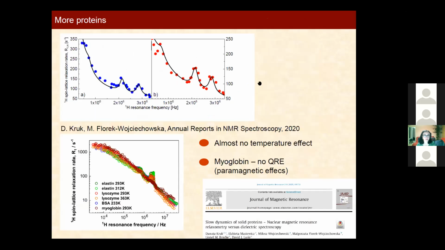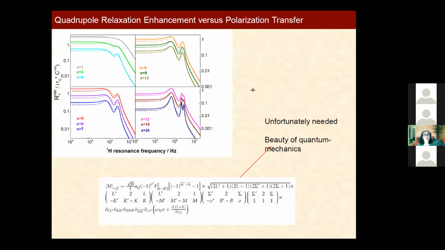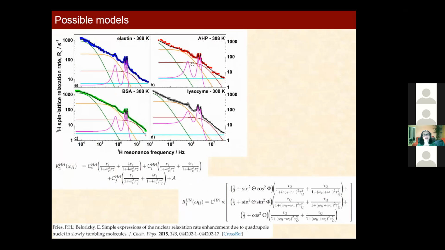And coming back to proteins, here you see that using this analytical model gives, in this case, very nice agreement with the general one. We can really very nicely reproduce the shape and also the amplitude of the quadrupolar peaks. What I want to say is that it's not only because of the scale that one does not see details.